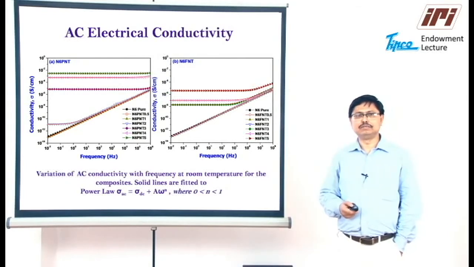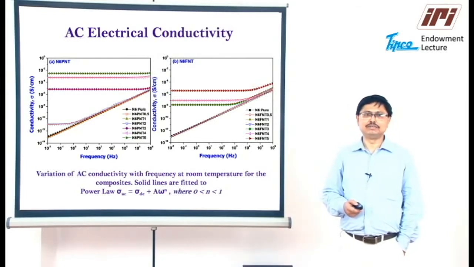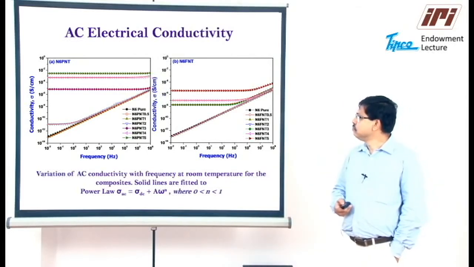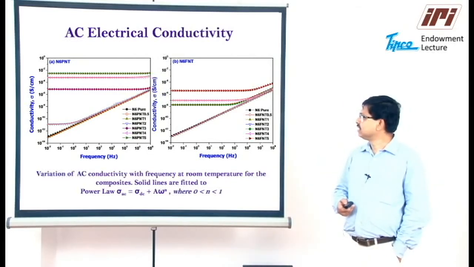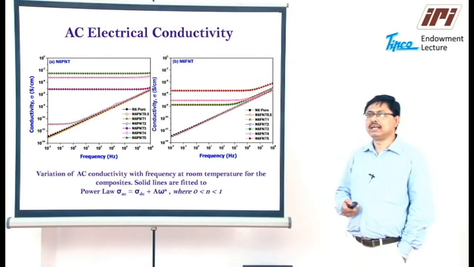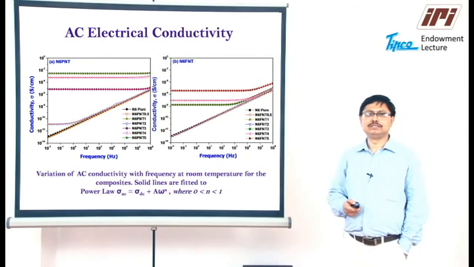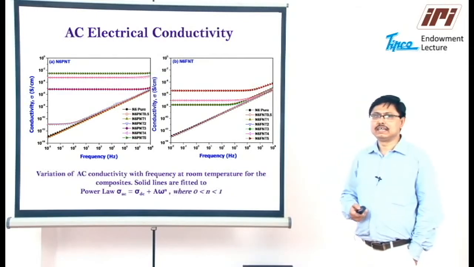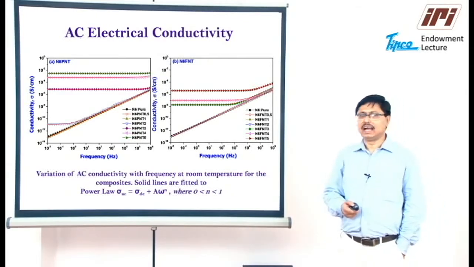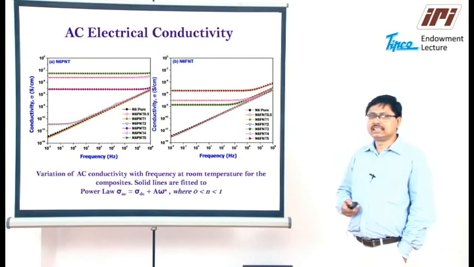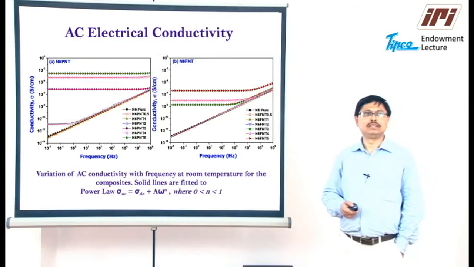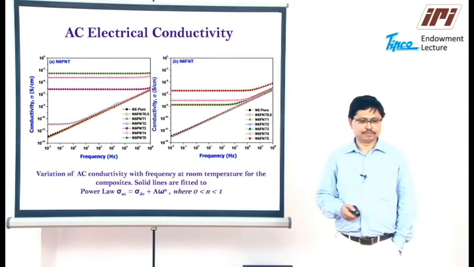In this AC electrical conductivity measurement, one can find a DC plateau beyond this percolation threshold at 3 weight% over the entire range of frequency, and one can calculate the DC conductivity from the power law: sigma AC is sigma DC plus A omega to the power n, where omega is the critical frequency, which also shifted while increasing the multi-wall carbon nanotube concentration.